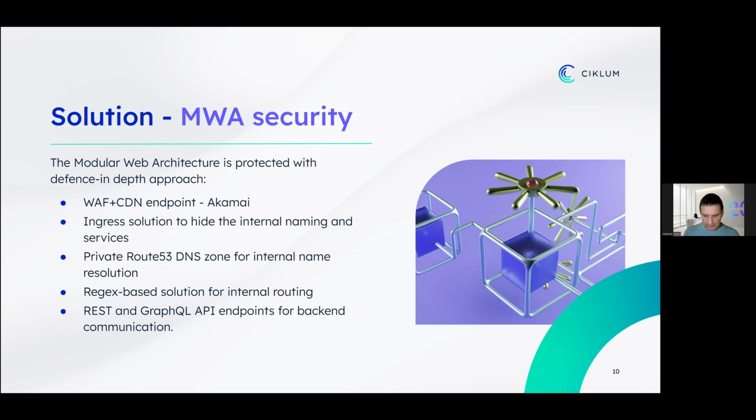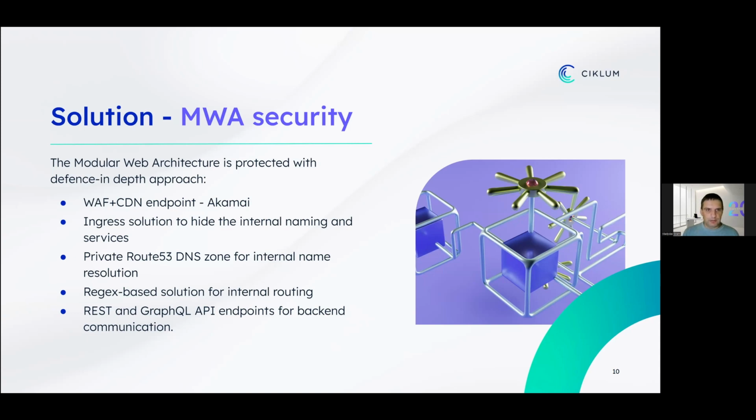So it was a disaster, and we got rid of it, and we made sure that only the front end is able to connect to them. So the Ingress solution is an additional layer of security to hide all the API endpoints that we're using as a backend.